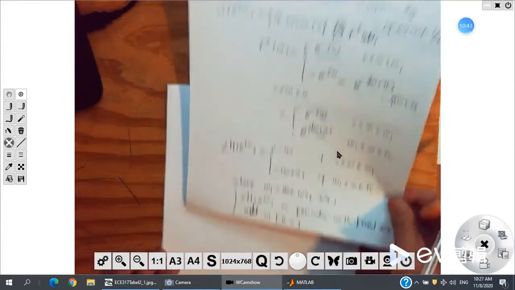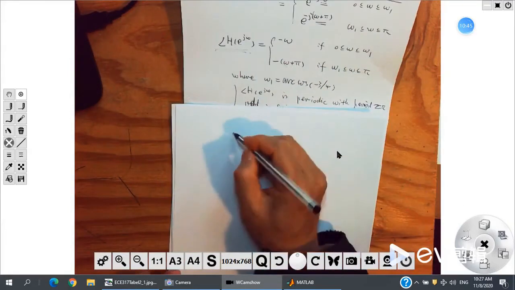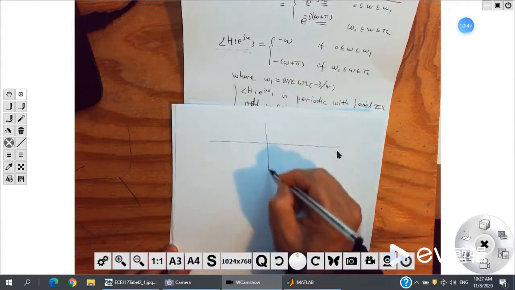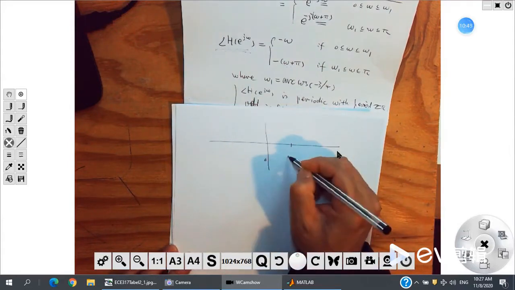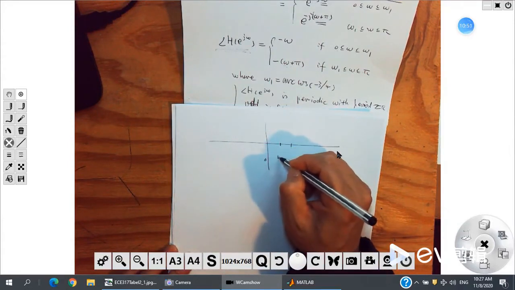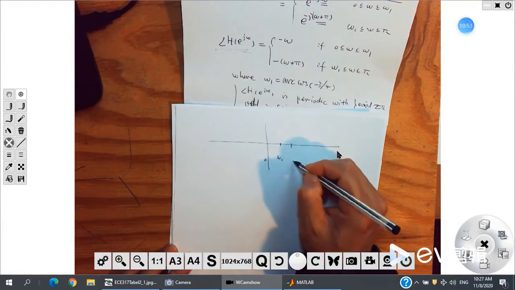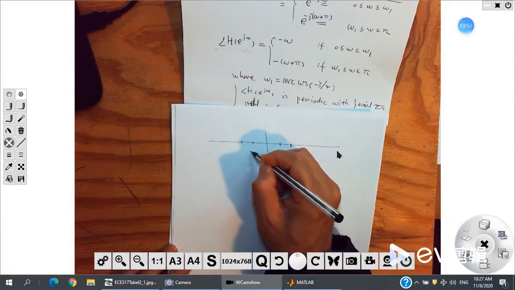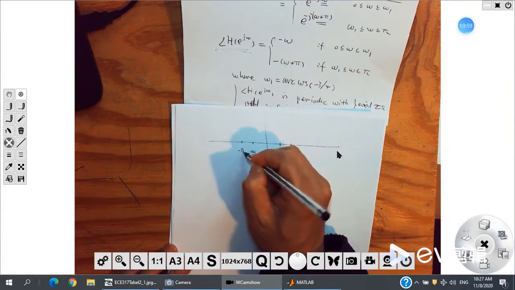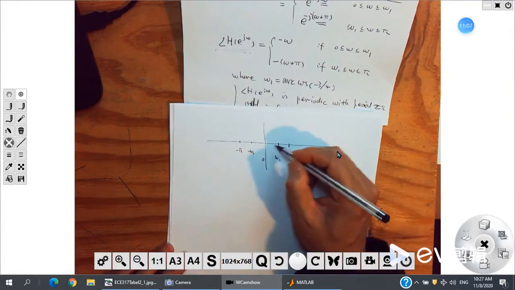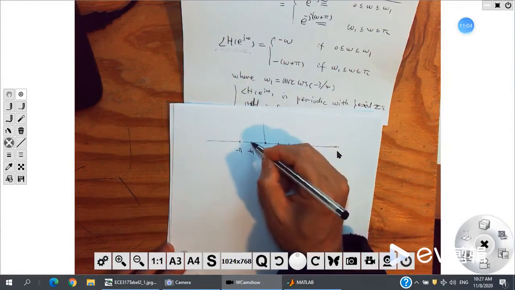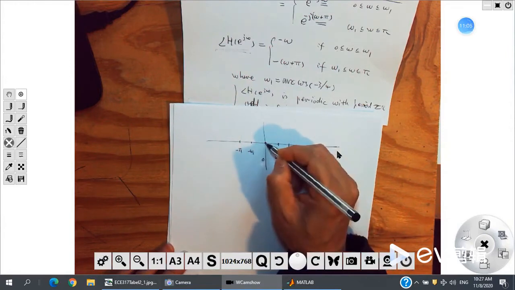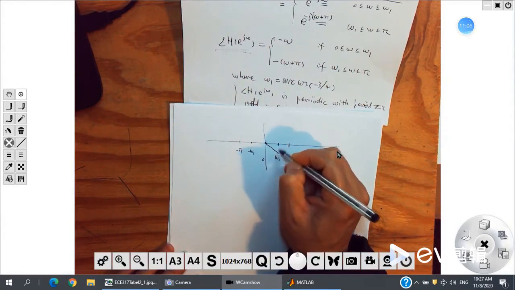And if we draw the graph, it will look like this: from 0 to omega 1, then omega 1 to pi, and symmetrically here is negative omega 1, negative pi. So this part from 0 to omega 1 is a straight line like this. Slope is 1, right?